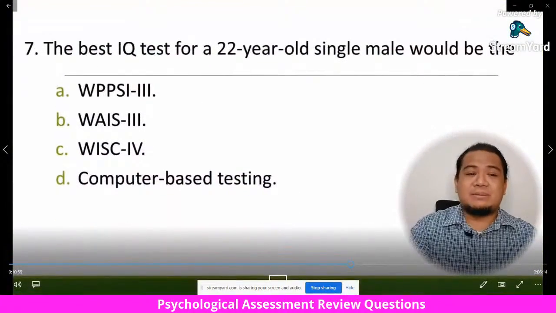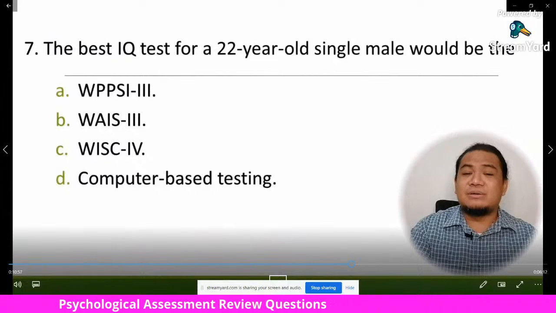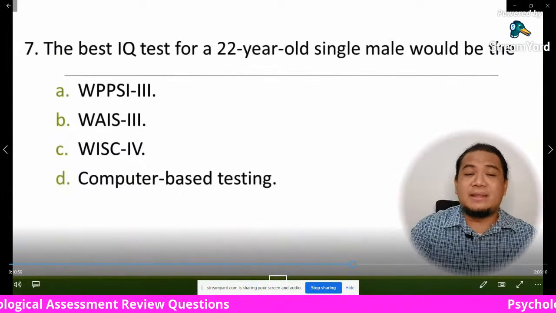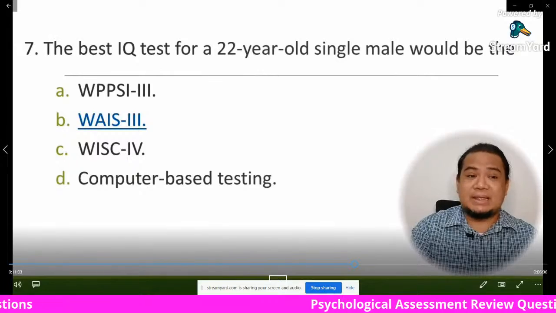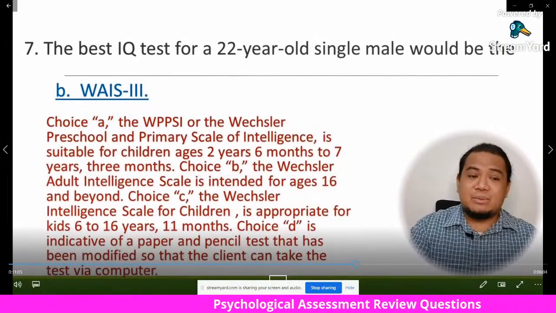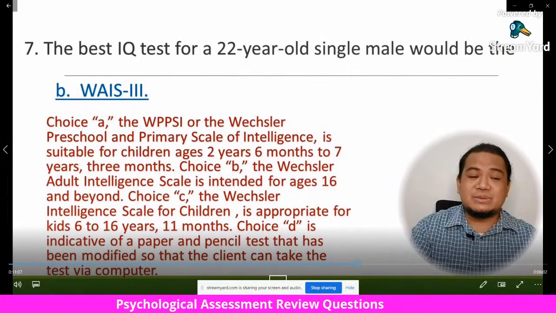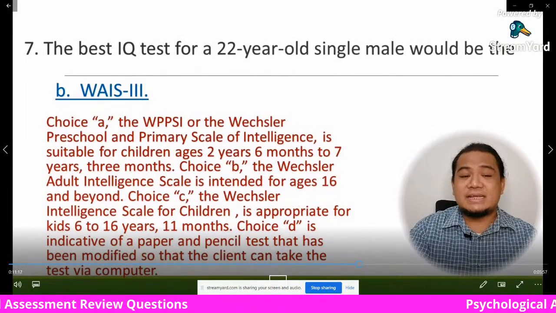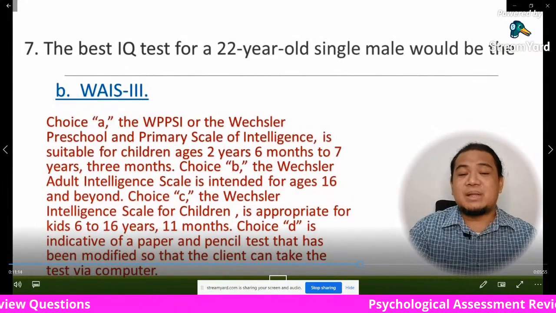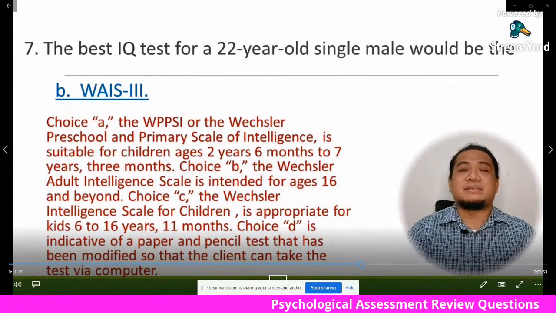Number 7, the best IQ test for a 20-year-old single male would be the, and the answer is letter B, WAIS-III. Choice A, the WPPSI or the Wechsler's Preschool and Primary Scale of Intelligence, is suitable for ages 2 years 6 months to 7 years 3 months.